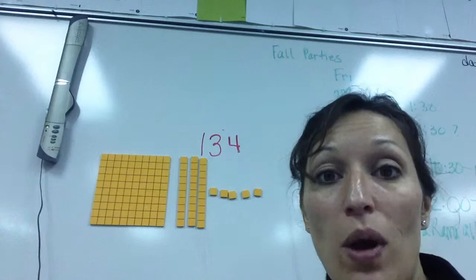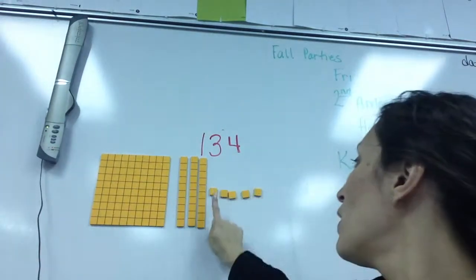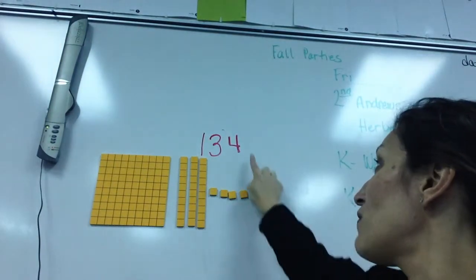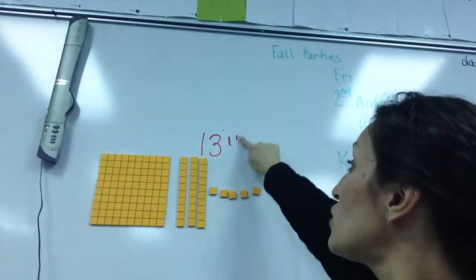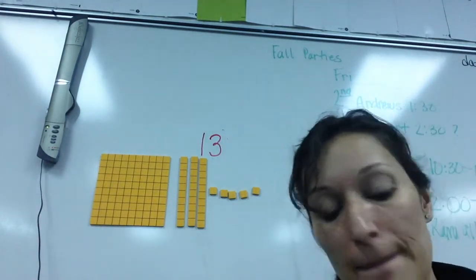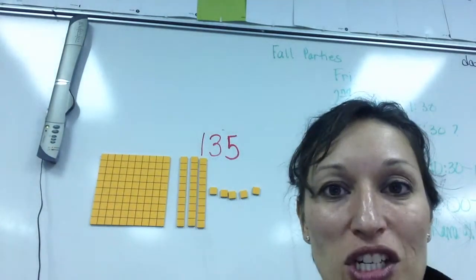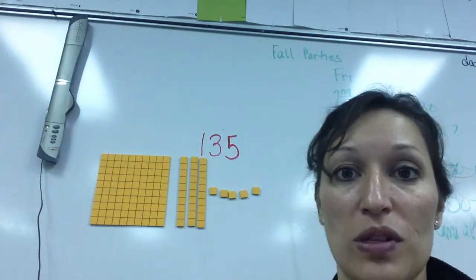I did change my 1s. I had 4 1s, but I added 1 more. 1, 2, 3, 4 to make it a total of 5. I've got 5 1s and it does not match my number. I need to change this digit. Now my number matches.